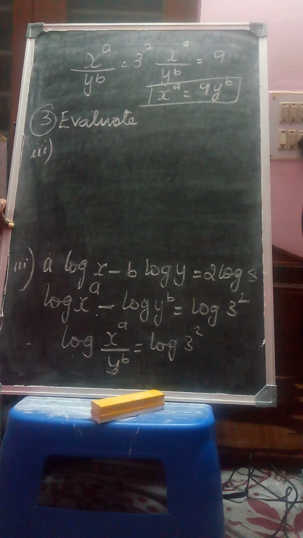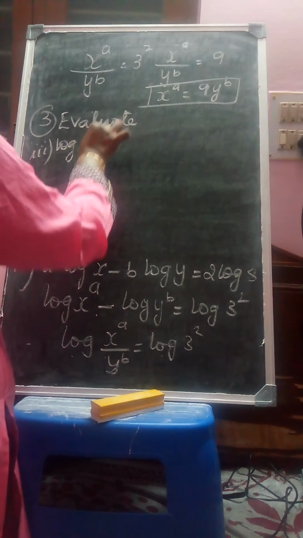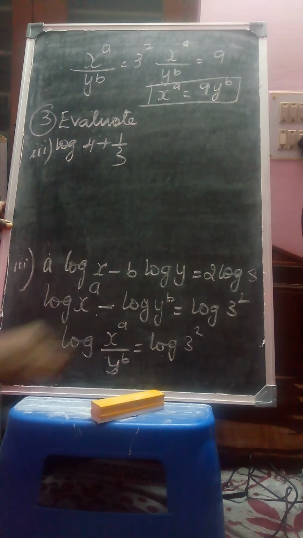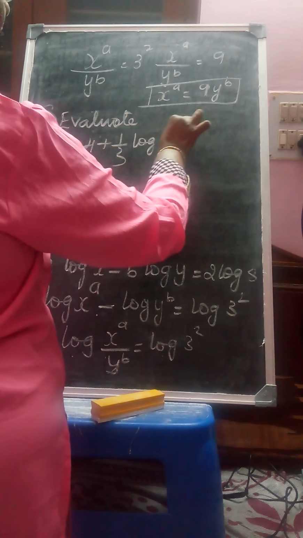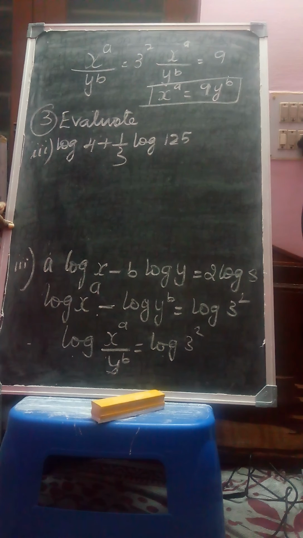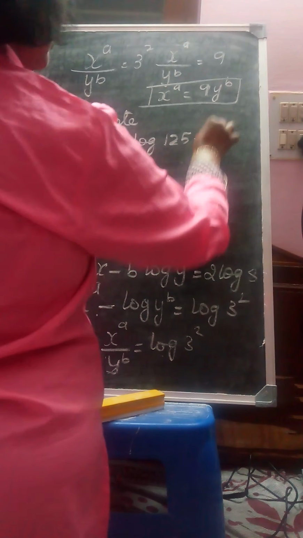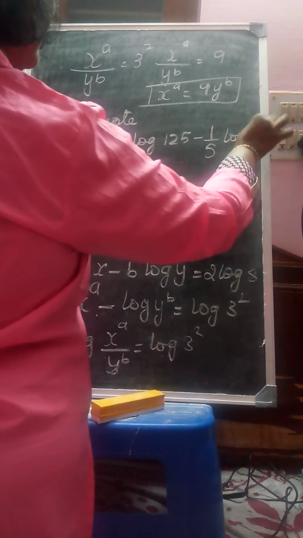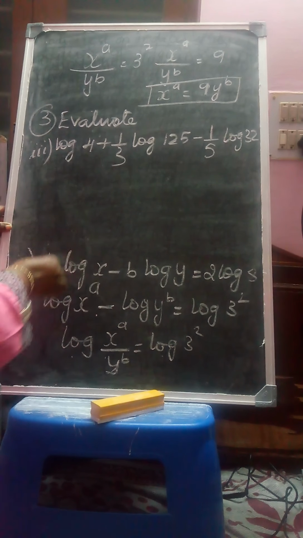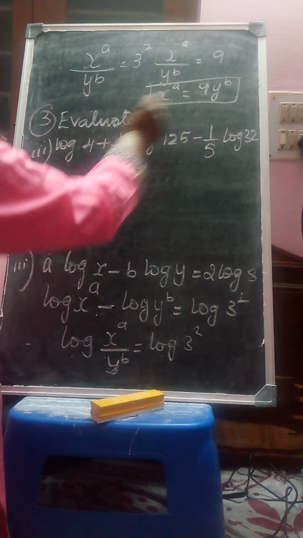Here we have got log 4 plus 1 by 3 log 125 minus 1 by 5 log 32. Okay. Now see here. Whatever is in front of the log, you will take it as a power.